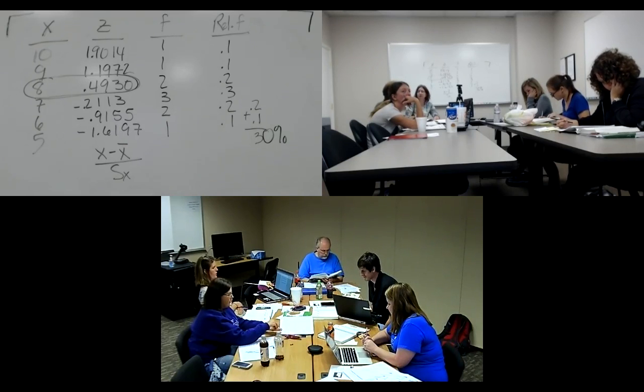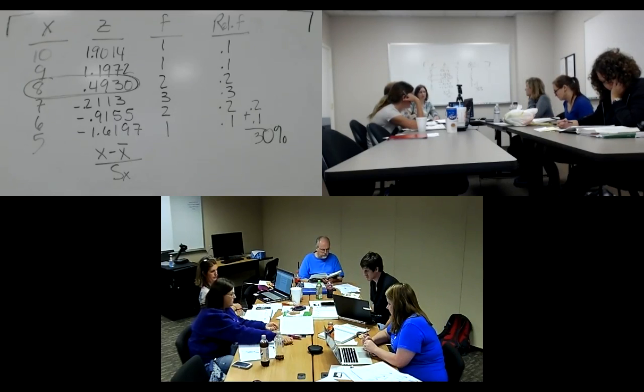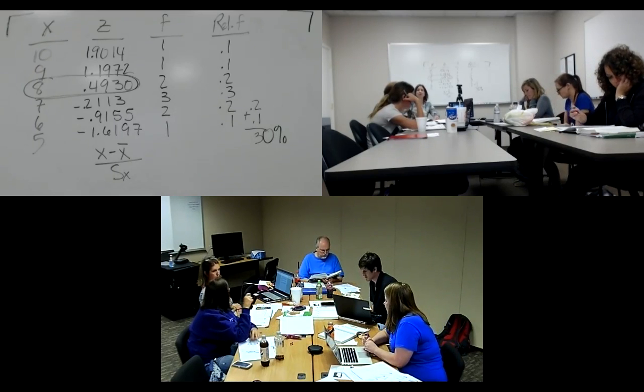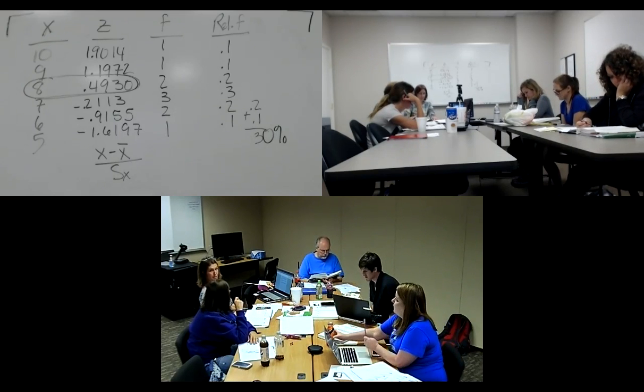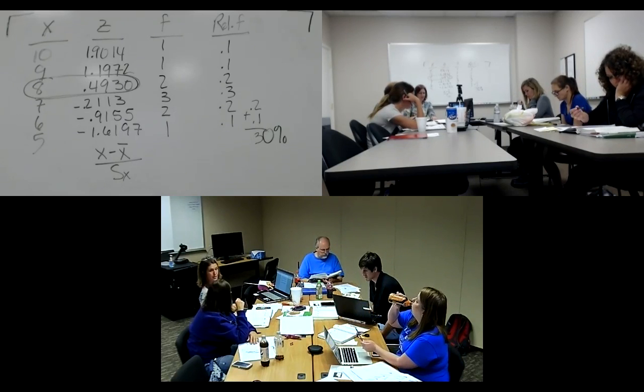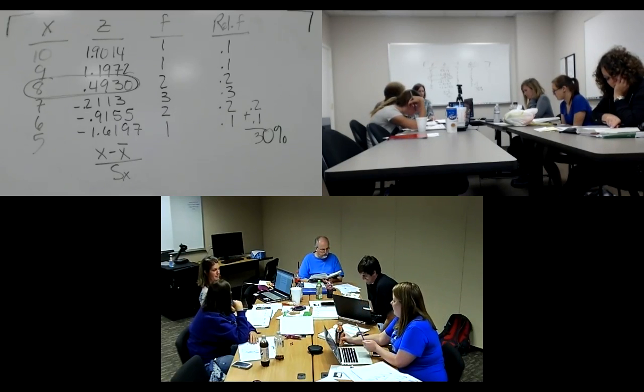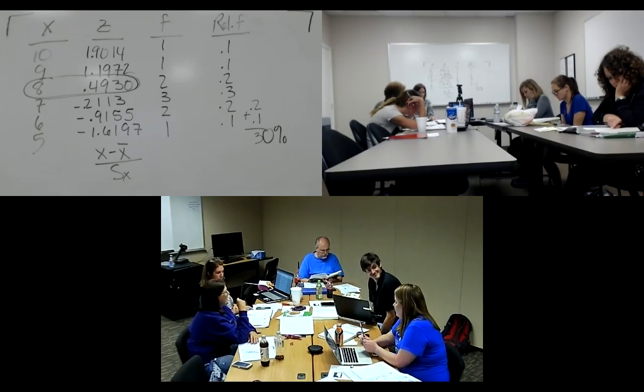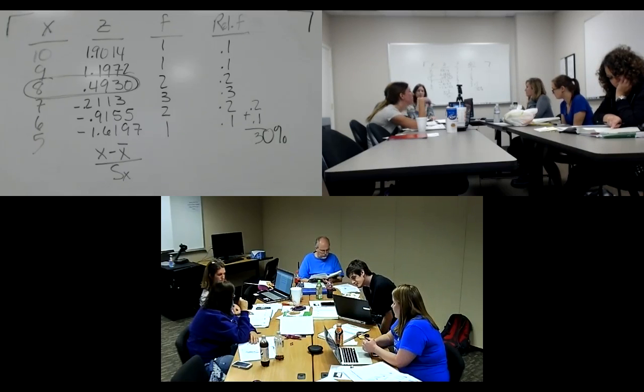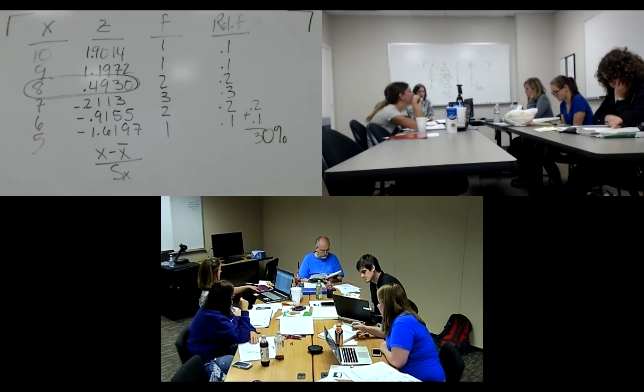And if we wanted to know for some reason what that area beyond our z-score is, when we're looking into the tail, what value do you find there? 0.3121. Okay?